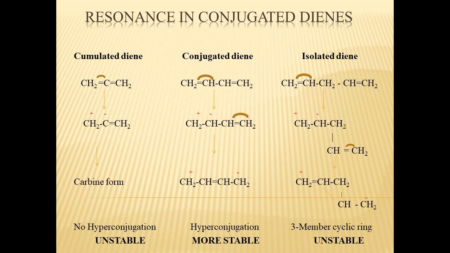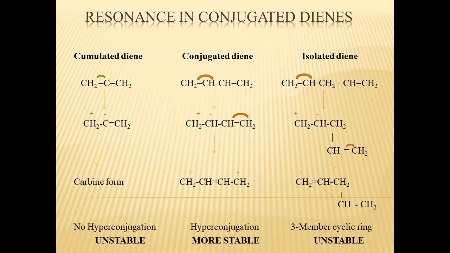It forms CH plus and CH2 minus. You can form a ring between the second and fourth carbon, which I show with an arrow mark. So a 3-member cyclic ring is formed. So this is unstable. So the isolated diene is unstable.